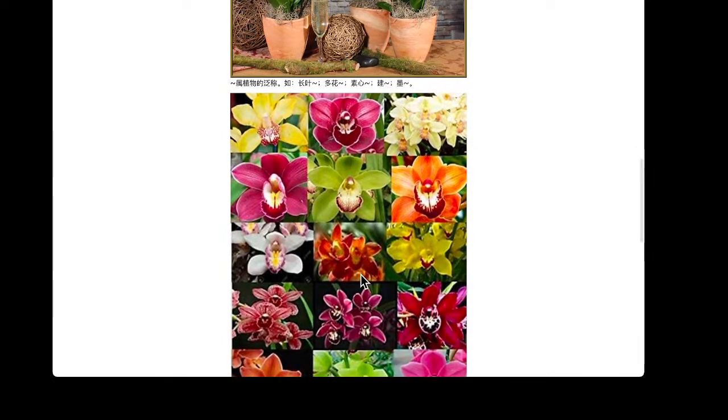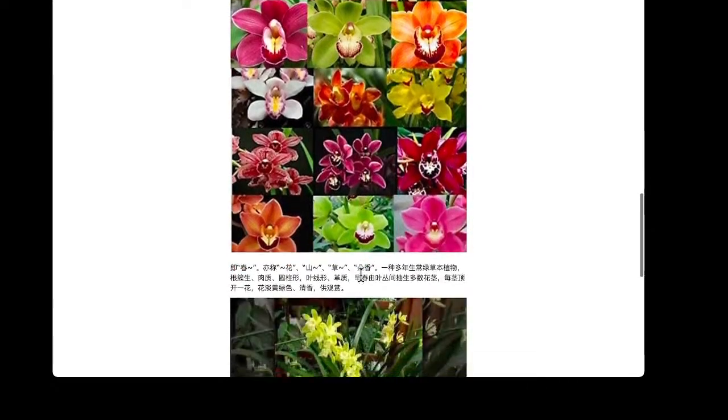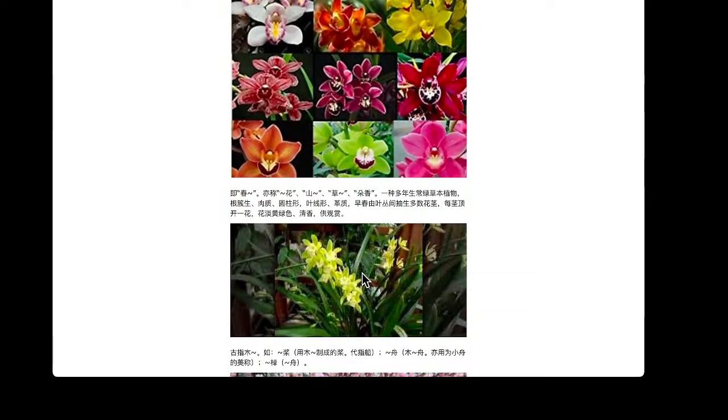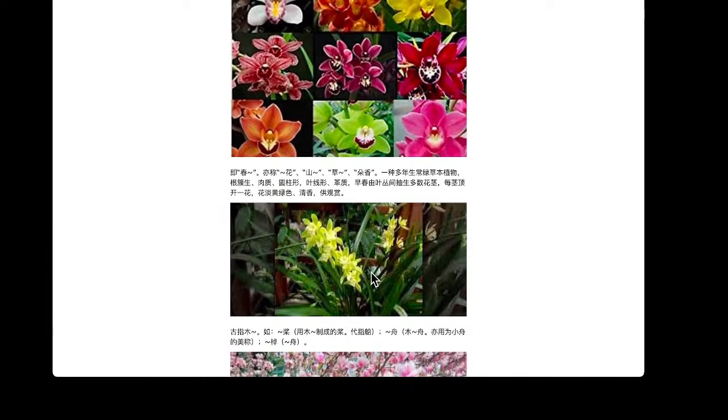Okay, so these are different, you call them differently. Now this is usually what the Chinese people call 兰花, is this type of line. Okay, 兰花, 山兰, 草兰, this type.